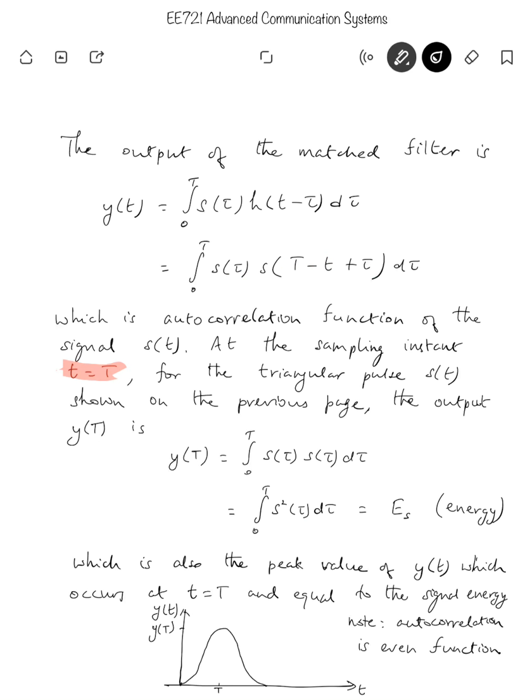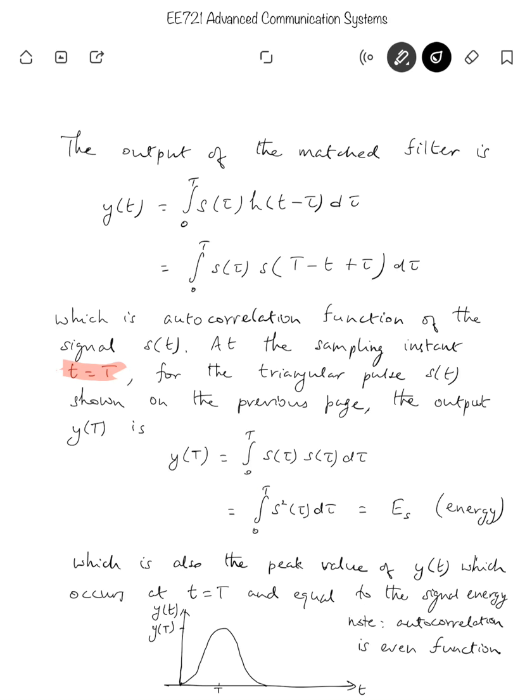So at the sampling instant capital T, you get the energy of the signal. The correlation is maximum at this moment because you are computing the correlation with zero shift, with perfectly aligned signals.